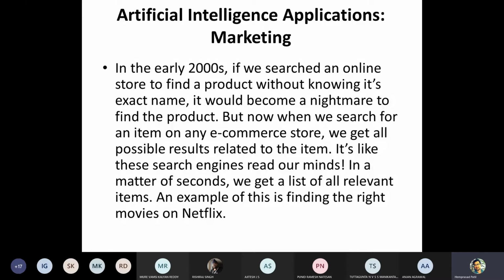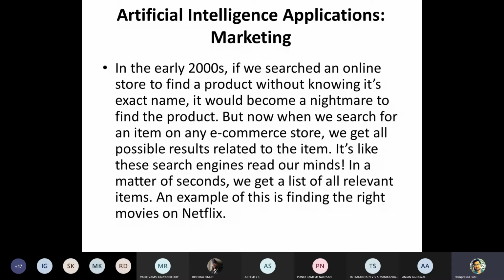So how does it happen? Because the AI can understand what the user wants to say and it brings up the correct result. Now it has increased productivity, isn't it? Because if the correct product is shown, there is more probability that the user will buy that product instead of showing nothing or some wrong product.